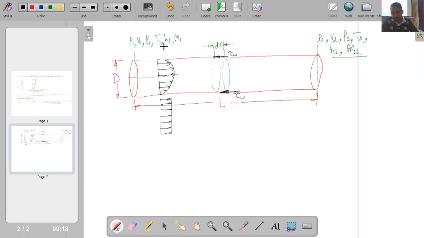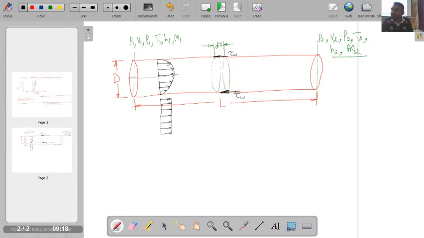But what we want to do, we want to analyze this situation by considering the assumption of one dimensional flow. So what I am considering is that in place of this type of velocity profile, I will try to have only an average velocity at each and every cross section. So what I am doing basically, I am studying only the effect on the average velocity.